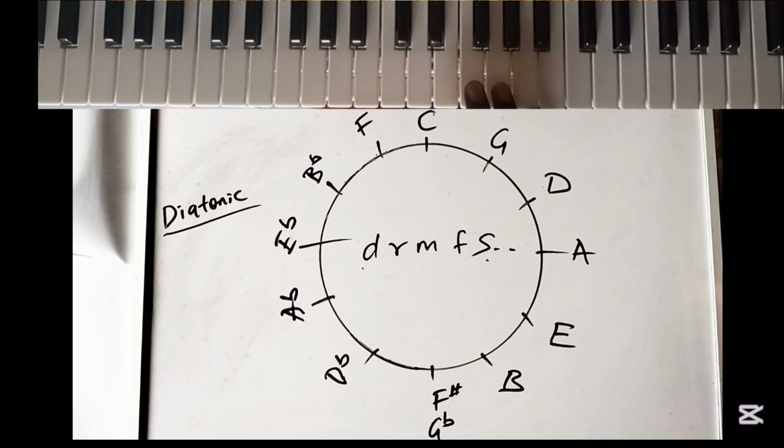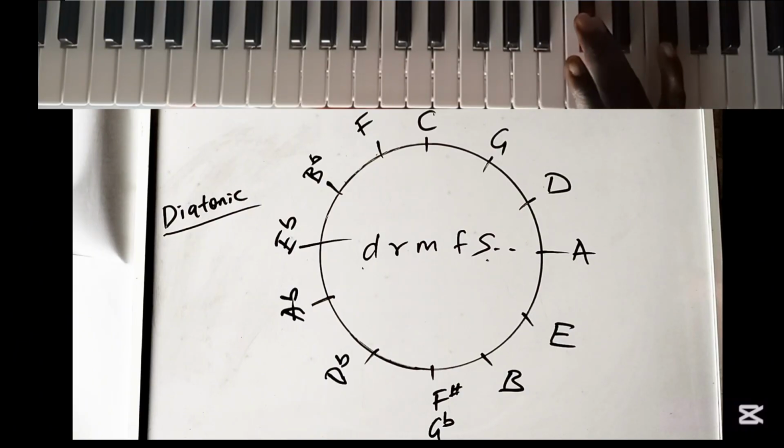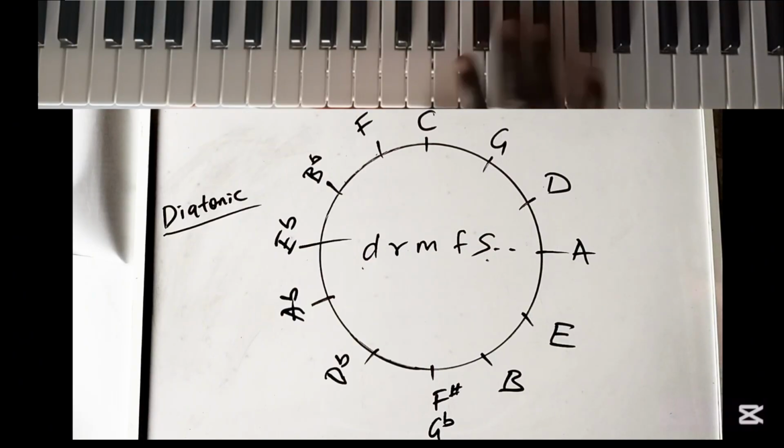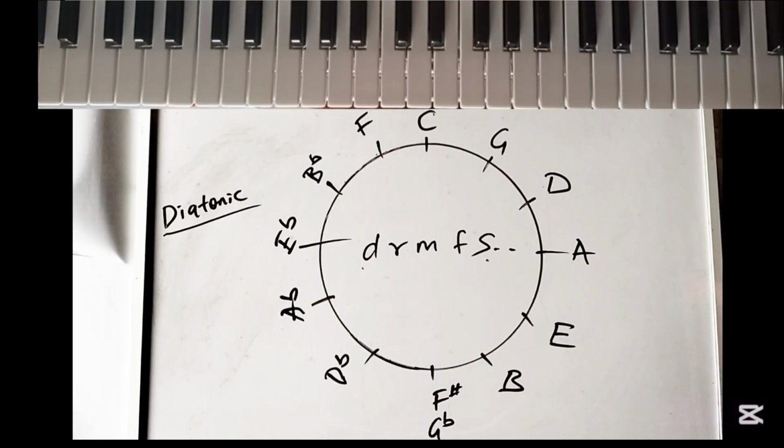If you go a little bit further, this is G flat, this is G flat. You have, because it's fourth, this is what? C flat. So this is C flat.